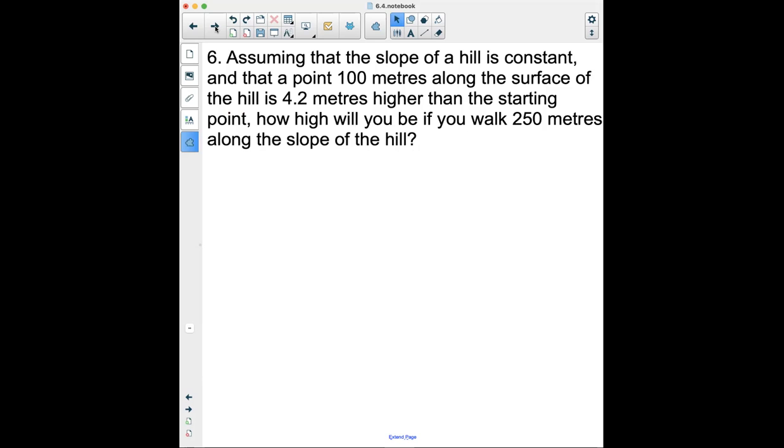Again, let's draw a picture to help us start solving this problem. A point 100 meters along the surface of the hill is 4.2 meters higher than the starting point.